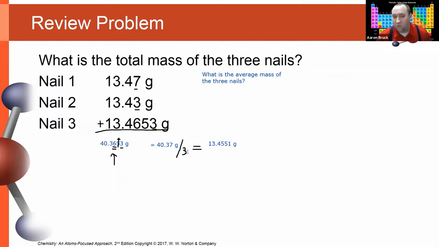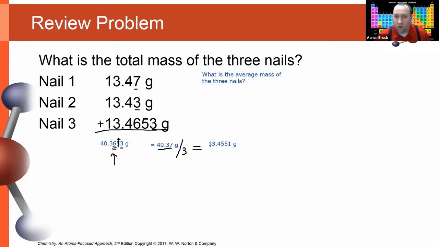You may look at this and say, well, I need to have one significant figure because my value 3 here only has one significant digit. Well, remember, this value is exact. There were exactly 3 nails that we added here. Exact numbers do not factor into significant figures. So what I really need to do here is the number of significant figures that I kept at the beginning come out at the end.